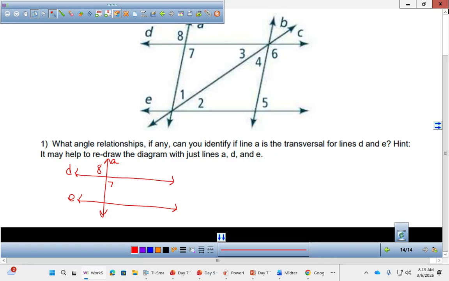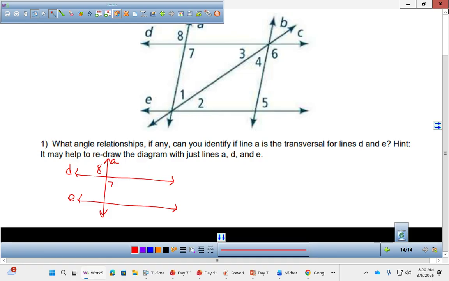Well, I like that you said that because I understand where you're coming from. 8 is exterior, yes? 7 is interior, so it can't be anything interior or exterior. The reason it's not corresponding, if I were to describe 8, I would say it's on the left-hand side of the transversal and above the line. If I were to describe 7, I'd say it's on the right of the transversal and below the line.